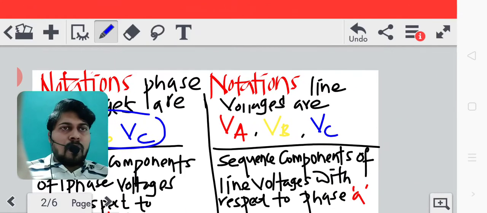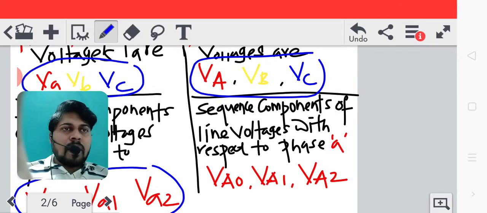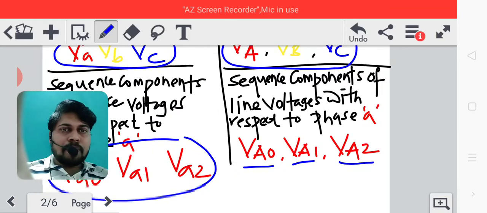We should also know the notations for the line voltages: V suffix capital A, V suffix capital B, V suffix capital C, as well as the notations for the sequence components of the line voltages with respect to phase A: V suffix capital A0, V suffix capital A1 and V suffix capital A2 for the negative sequence voltage.